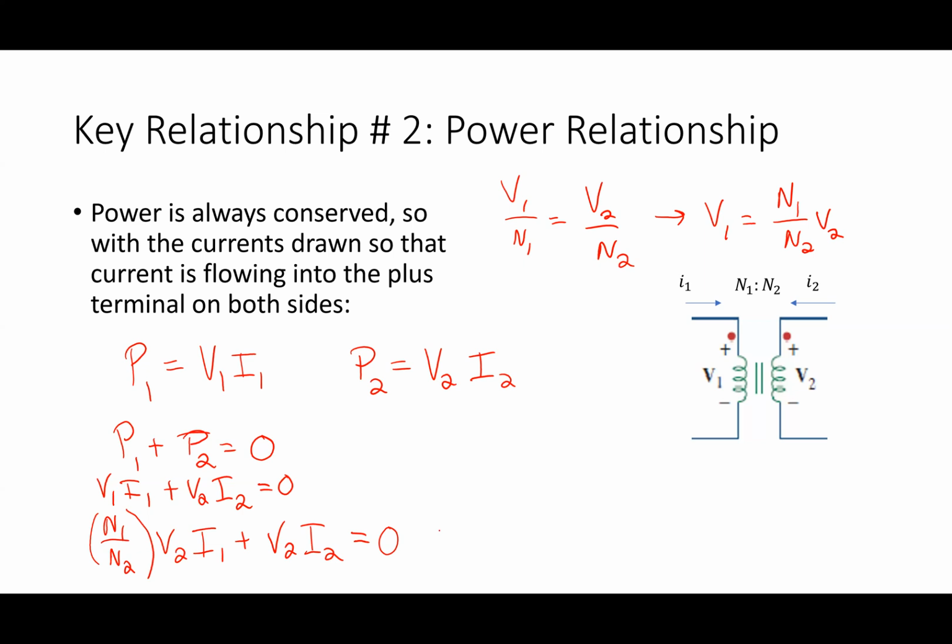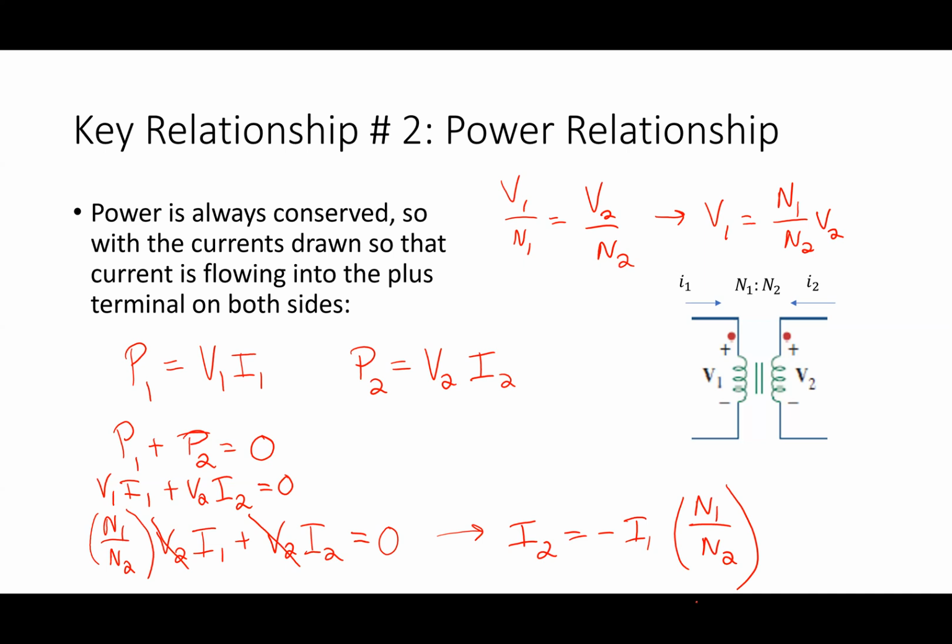How can I simplify that? I have a V2 in both terms, so they cancel because the whole thing equals 0, and I can say that I2 equals negative I1 times N1 over N2.